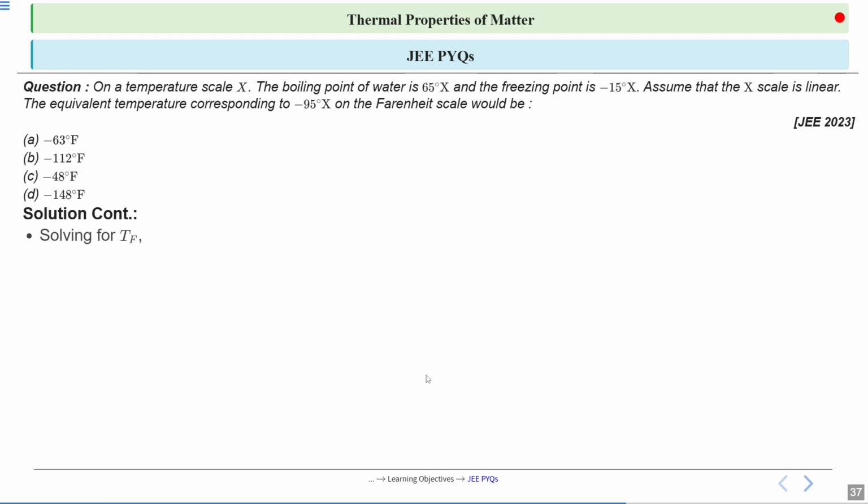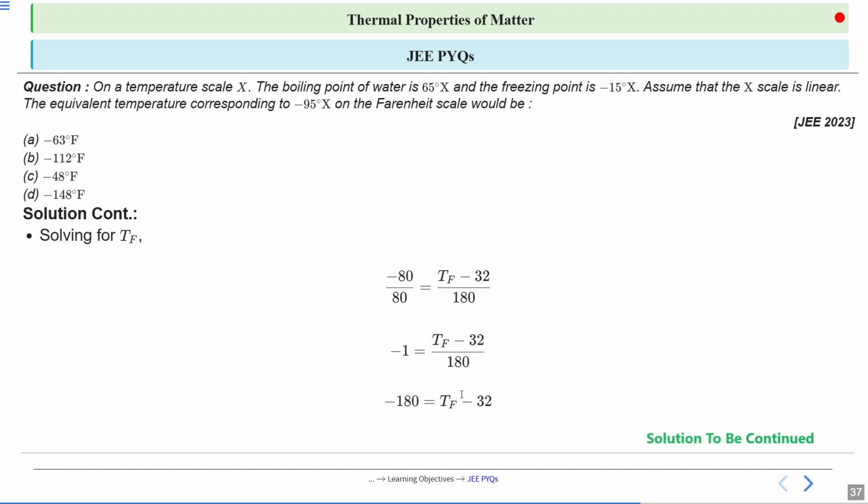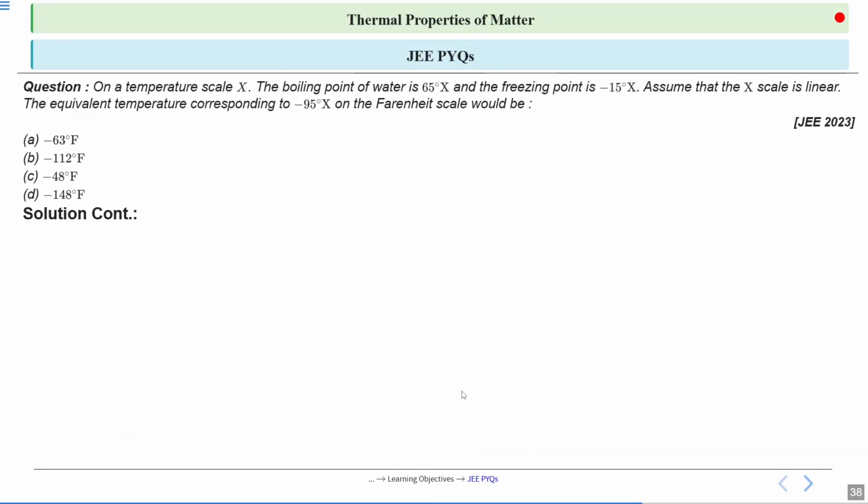So solving for Tf, it will be minus 80 divided by 80 is equal to Tf minus 32 divided by 180. So it will be minus 1 is equal to Tf minus 32 divided by 180. So it will be minus 180 is equal to Tf minus 32. So solving for Tf, Tf is equal to minus 180 plus 32.